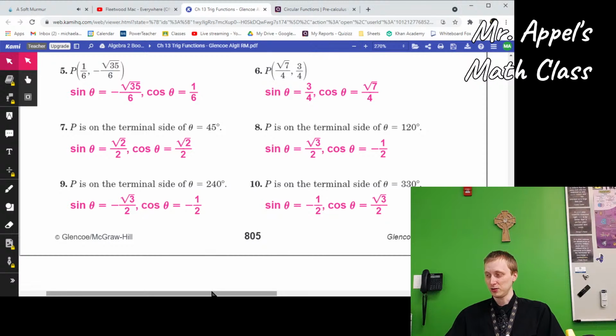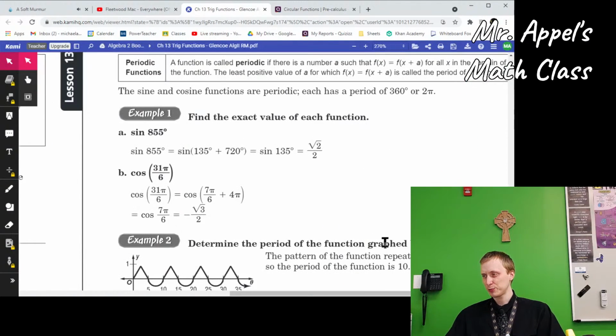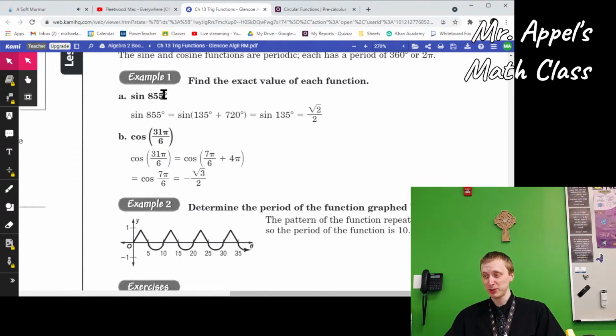Okay, so second page is exploiting that periodicness. The fact that it's a periodic function and it repeats itself over and over, and so you can end up with angles that are outside the usual bounds because the domain, the allowable inputs to a sine function, is anywhere from negative infinity to positive infinity.